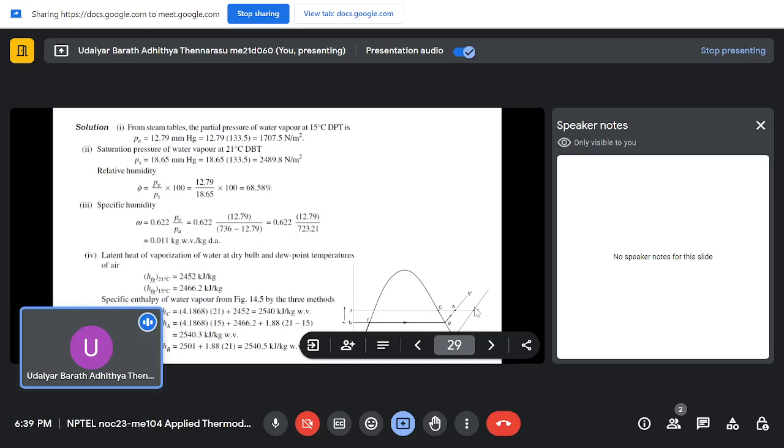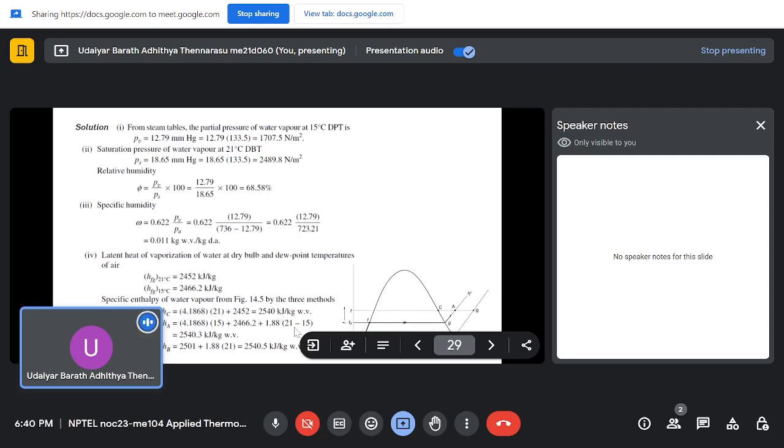Now at point B, it is the latent heat at 0 degrees Celsius, which is 2501, plus superheating of vapor, so 1.88 into 21 minus 0. So that will come out to be 2540.5. Why we did this is, if you do any process, the enthalpy of water vapor is close.